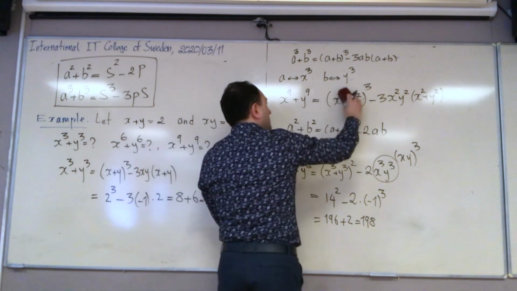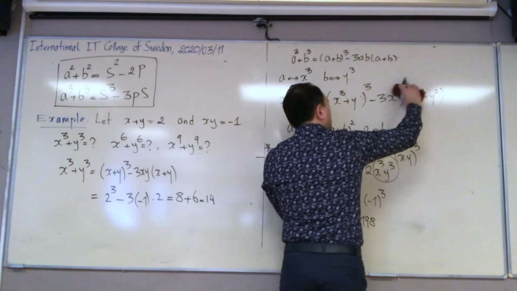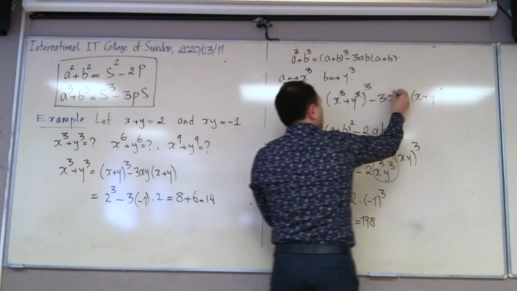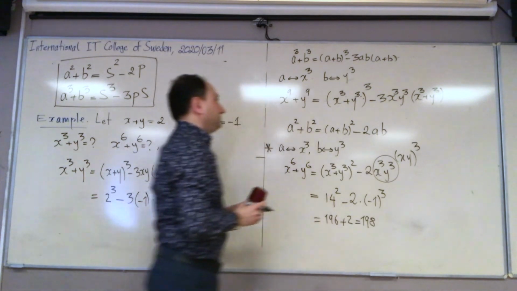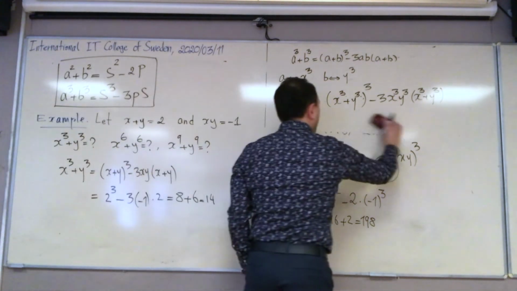And then this becomes (x to the power of 3, y to the power of 3). Everything becomes to the power of 3, yes? Agree?